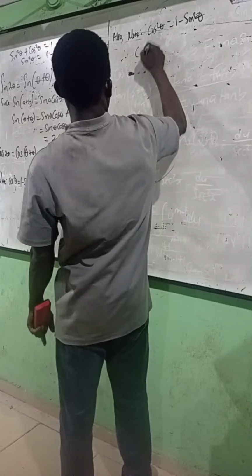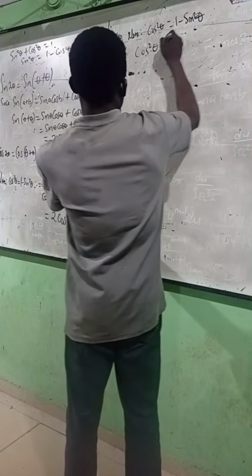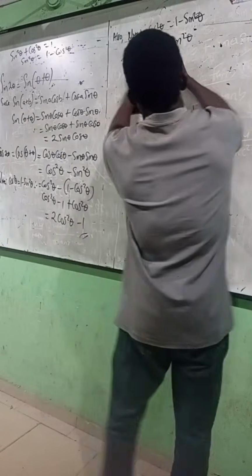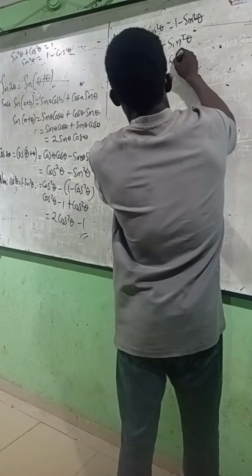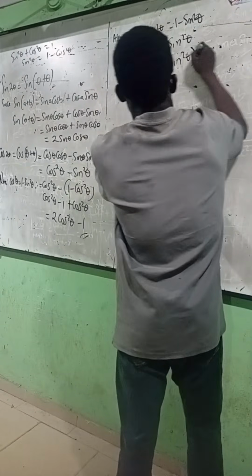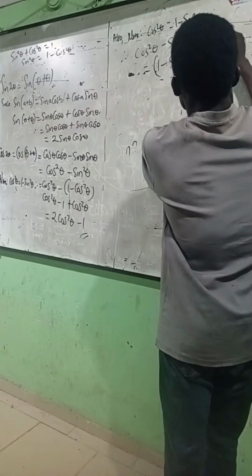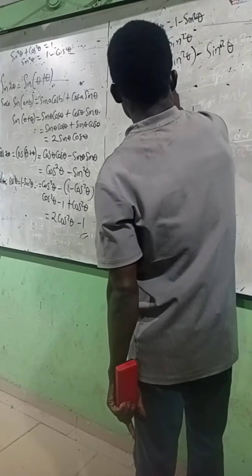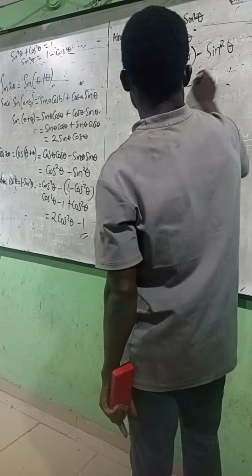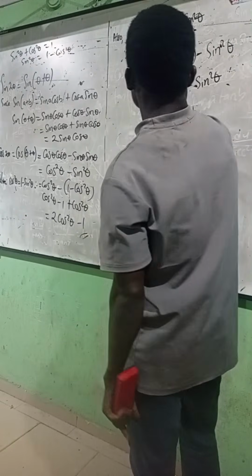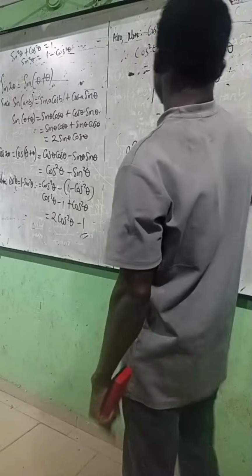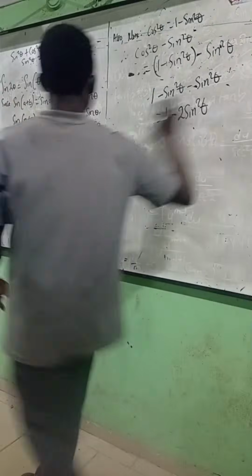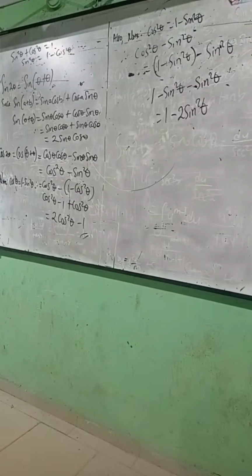Cos square theta minus sin square theta: instead of cos square theta, we have 1 minus sin square theta, minus sin square theta. So this gives us 1 minus sin square theta minus sin square theta, which is 1 minus 2 sin square theta. That's another identity for cos 2 theta.